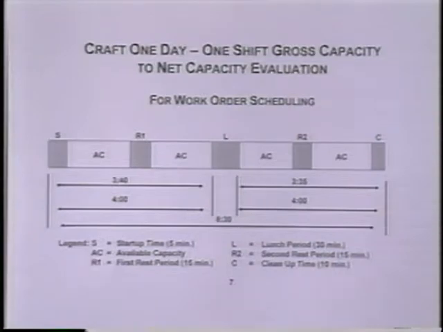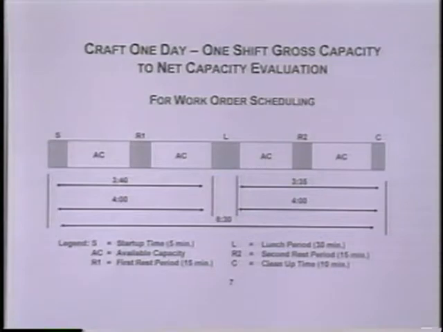The first S is the startup time. That is non-productive time. Then we have AC, which is available capacity, so I could start scheduling to that. Then R1 is the first rest period.